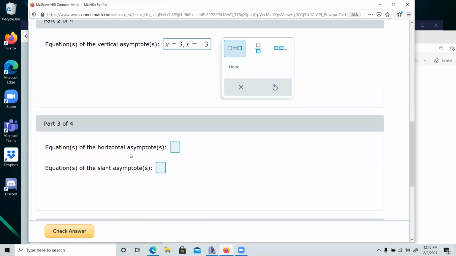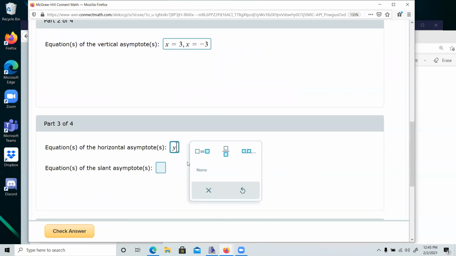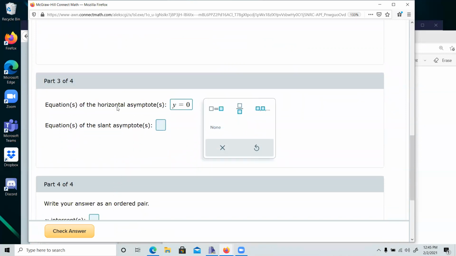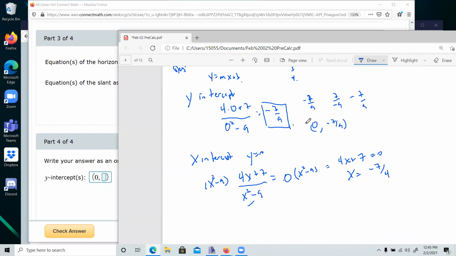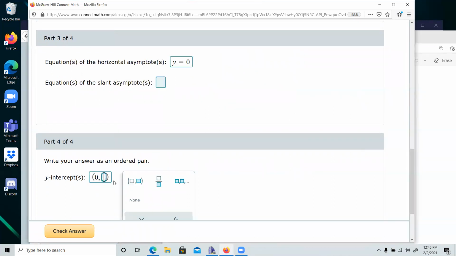You have one or the other, never both. But we had y equals 0 because of the degrees. Again, you have a horizontal or you have a slant. You do not have both. Okay, y-intercept, write your answer as an ordered pair. So that was 0, negative 7/9.